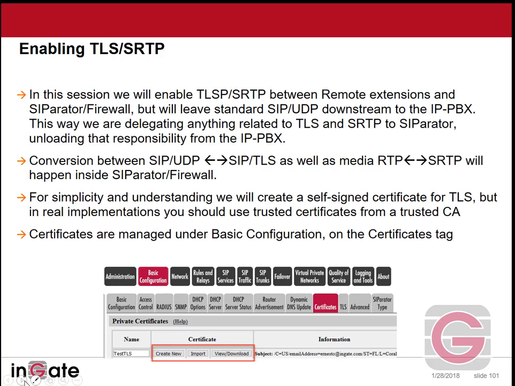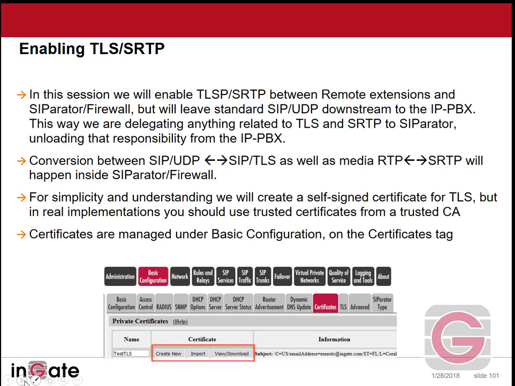As I said, in this session you will enable TLS SRTP between remote extensions and the separator firewall, but we will leave a standard communication, SIP UDP, downstream to the IP PBX. This way, we are delegating anything related to TLS SRTP to separator, and we are not loading any additional effort on the PBX side.